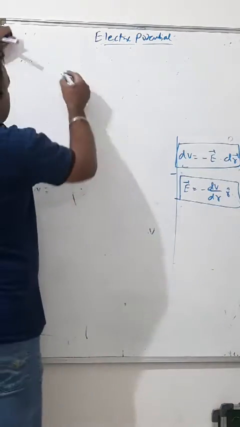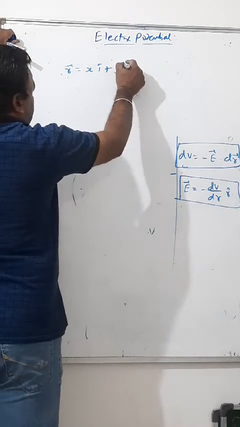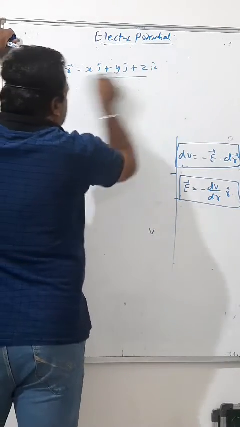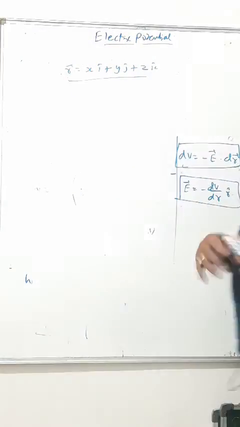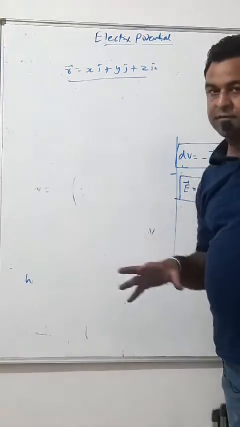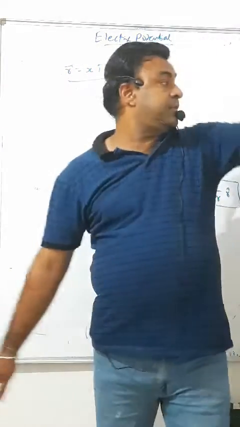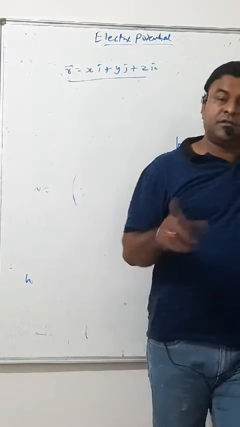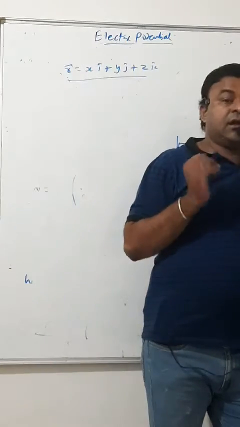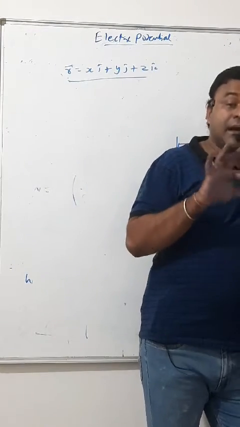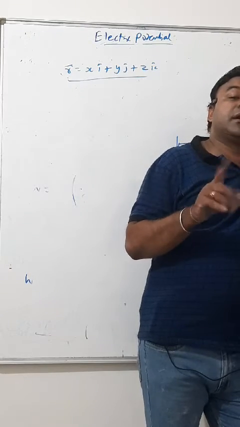Then this r is x i cap plus y j cap plus z k cap. Then we need to use partial differentiation. Partial differentiation means this r has three variables x, y, z. Once you differentiate x keeping y and z constant, next time you differentiate y keeping x and z constant, and next you differentiate z keeping x and y constant.